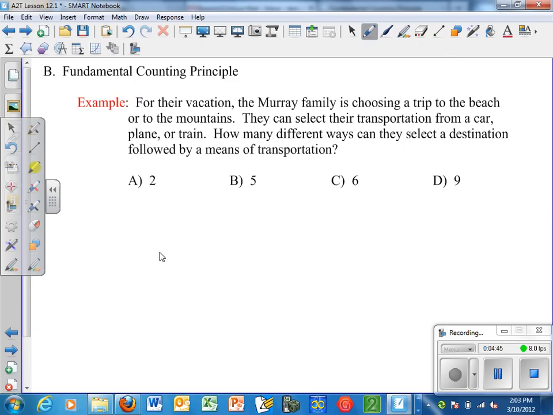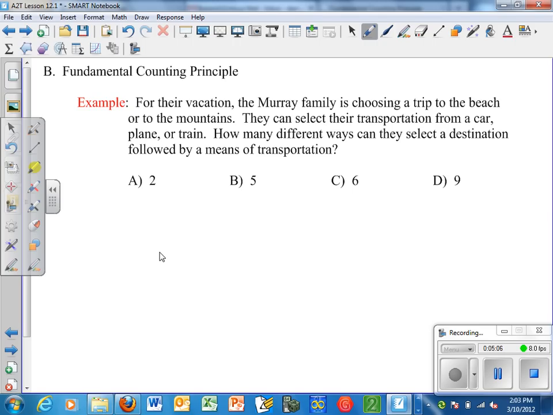Okay, and then more with the fundamental counting principle. For their vacation, the Murray family is choosing a trip to the beach or to the mountains. So we have two choices of where we're going. The transportation mode is going to be either a car, a plane, or a train. How many different ways can they select a destination followed by a means of transportation?